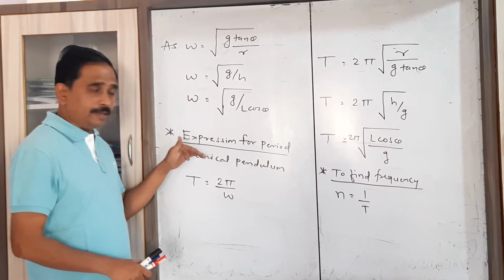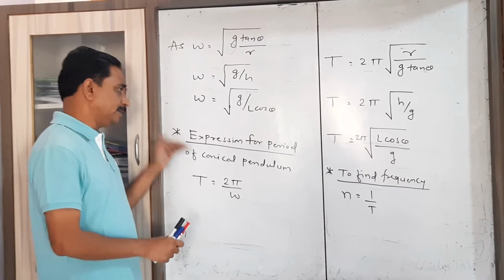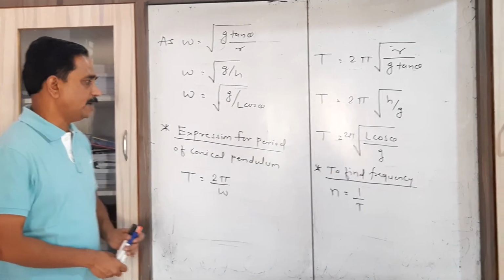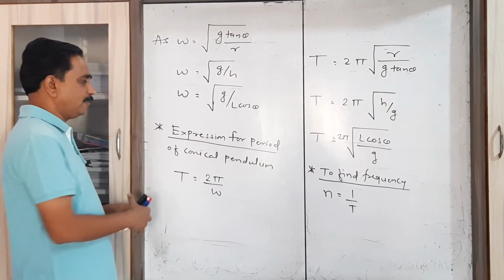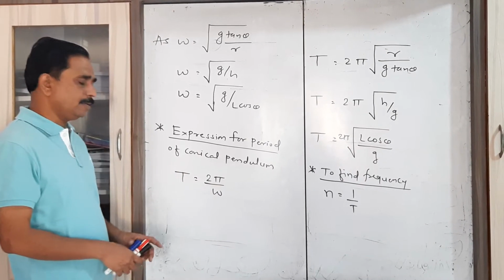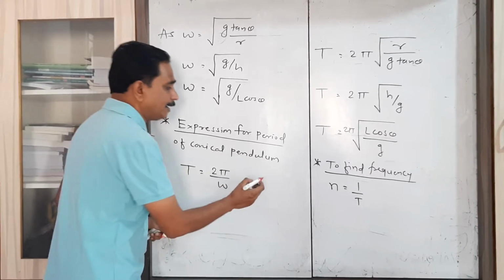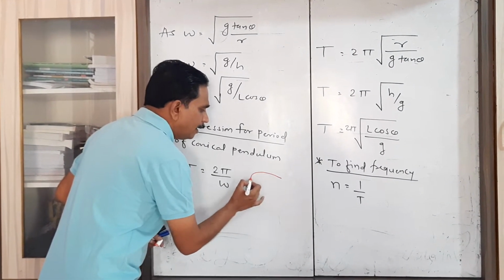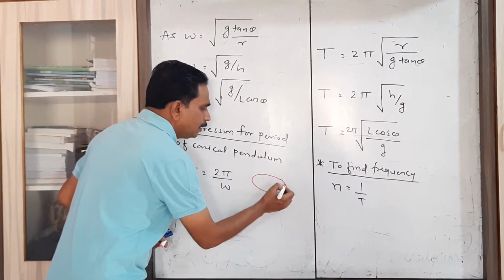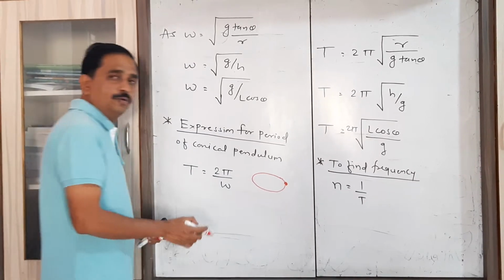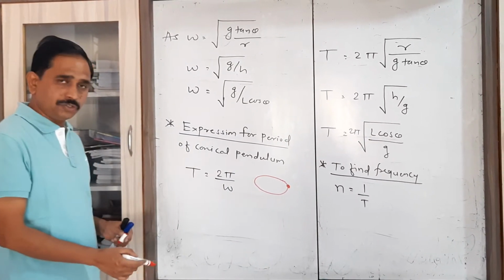Now here you have to just consider the next part of the same topic, that is the expression for period of conical pendulum. What do you mean by period? Period is nothing but the time taken by the metal sphere or ball to complete one revolution.